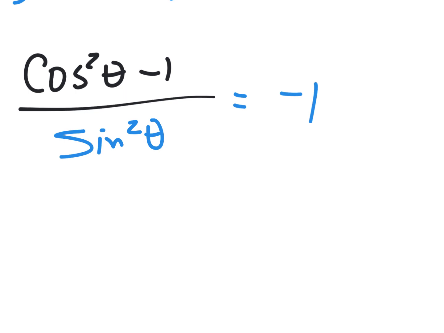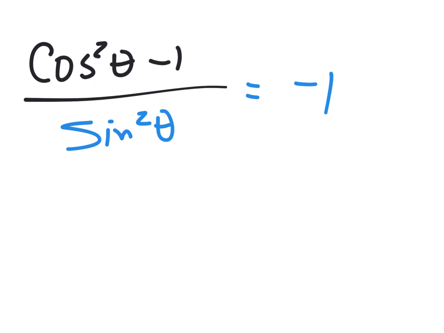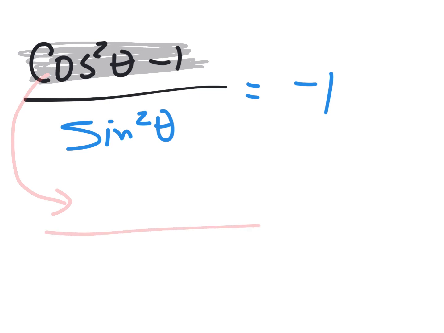Don't overthink it. If you're like, that's really easy, I mean it to be easy. Okay, so what does cosine squared minus 1 turn into? That can be turned into something else.